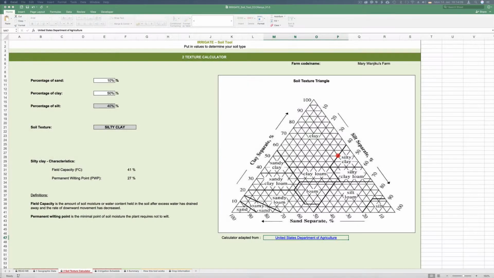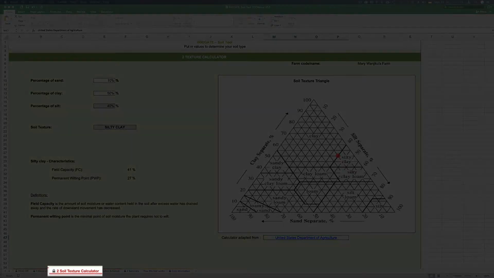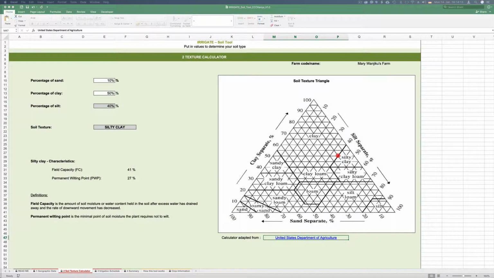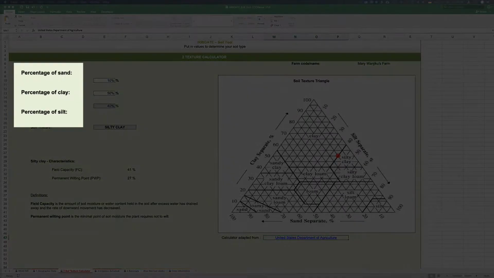We go to the soil texture calculator. The soil type is an important factor in determining how fast and how often irrigation should be scheduled. Like a sponge, the soil absorbs and holds water depending on the percentage of the three main components, that is sand, silt and clay.